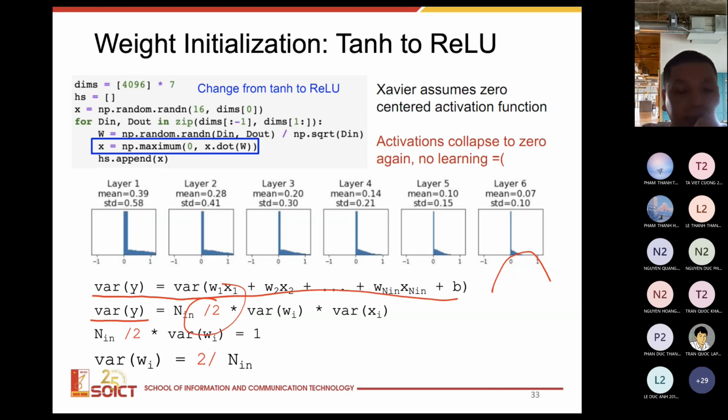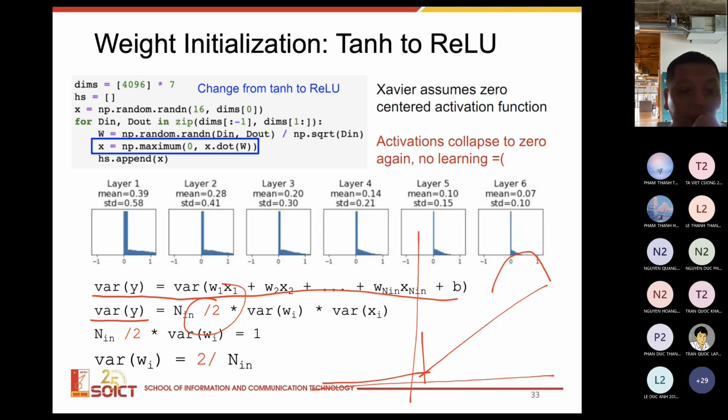But to make it easier to understand, you might think that the ReLU function has this shape, and it is deactivated in half of the range, so you divide by 2.